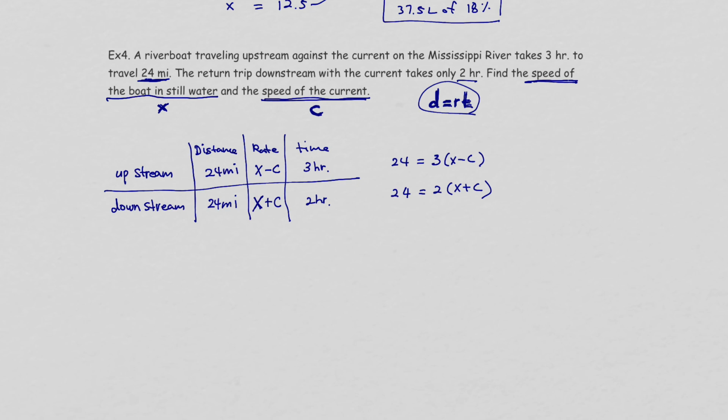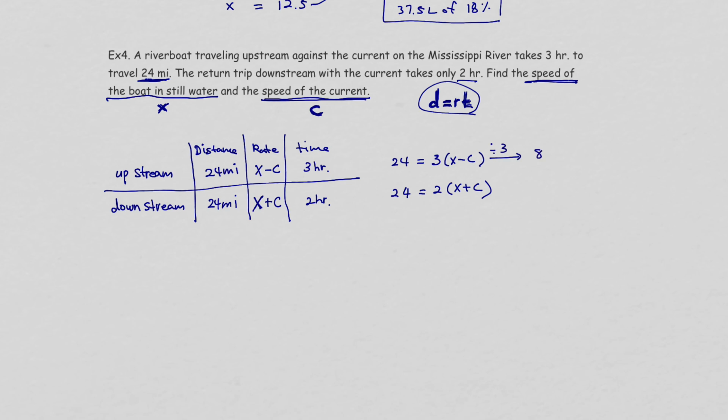What we can do here is use the elimination method to get rid of one of the variables. In order to do that, let me divide the first equation by 3.